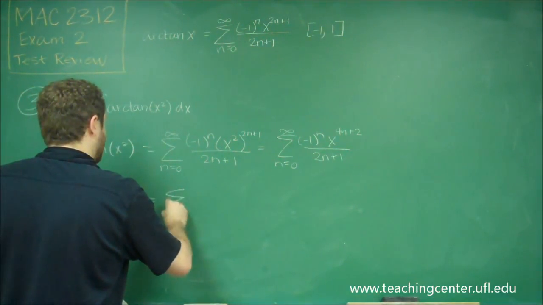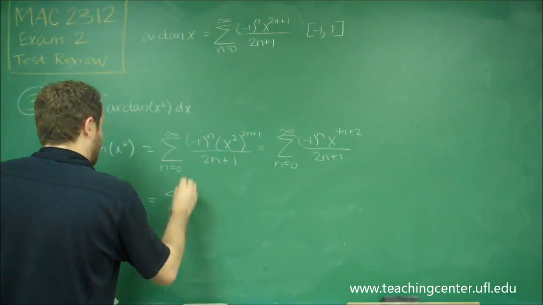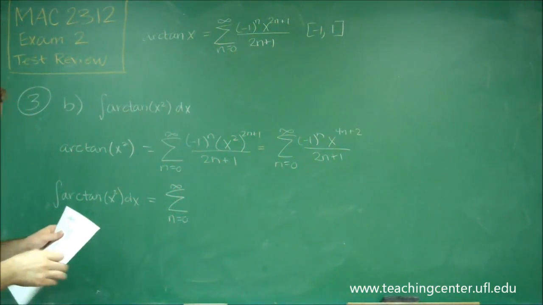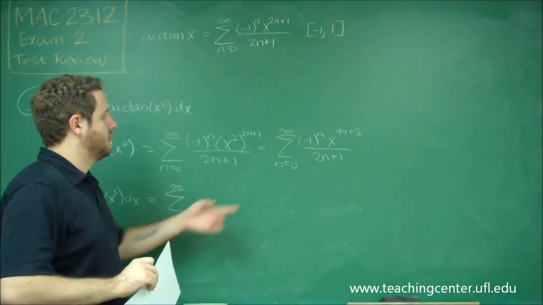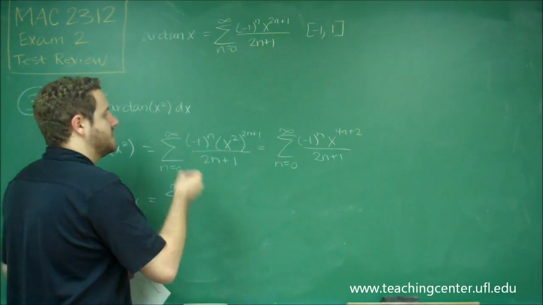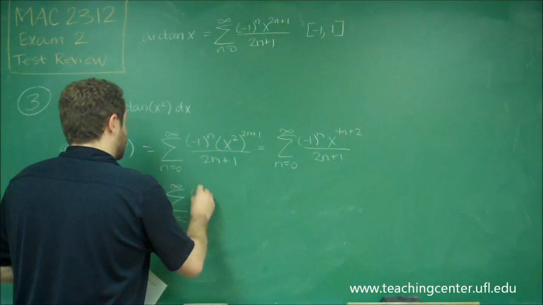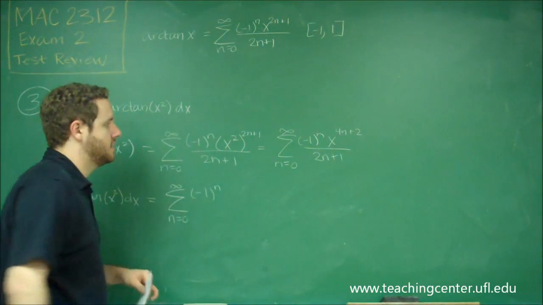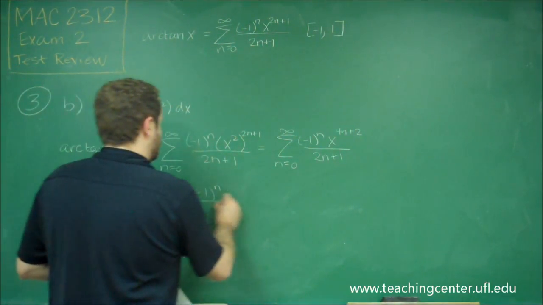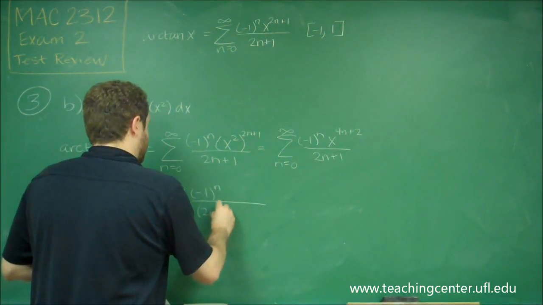So we have n equals 0 to infinity, and let's think about what we're going to have here. When we take the antiderivative of this, everything that's not the x is a constant. So negative 1 to the n stays there. There's going to be a 2n plus 1 on the bottom that stays there.